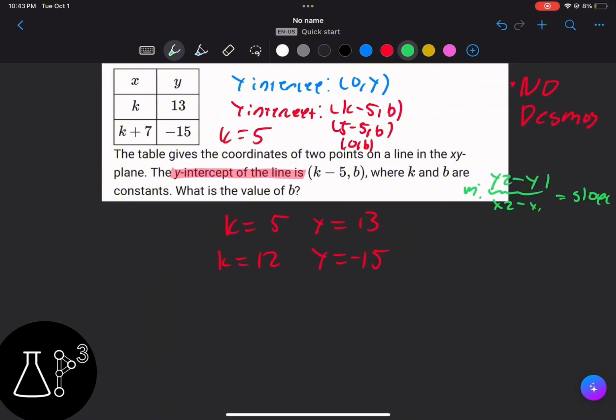So y2 is -15, and the other y value, which is y1, is 13, so minus positive 13, divided by x2, which is 12, minus 5, which is x1. So 12 minus 5, and that gives us -28 over 7, which equals -4, and this is the slope.